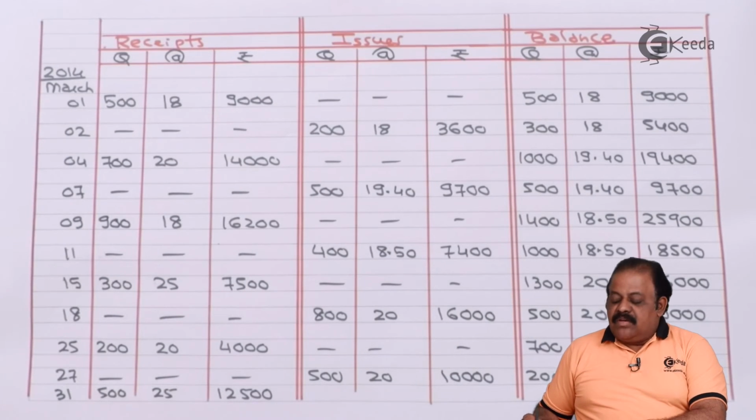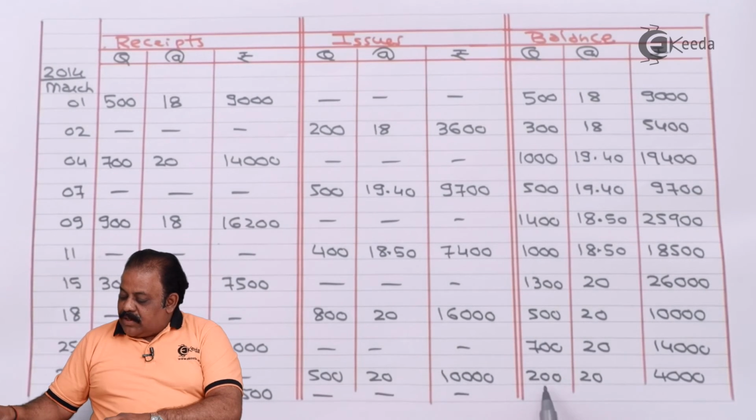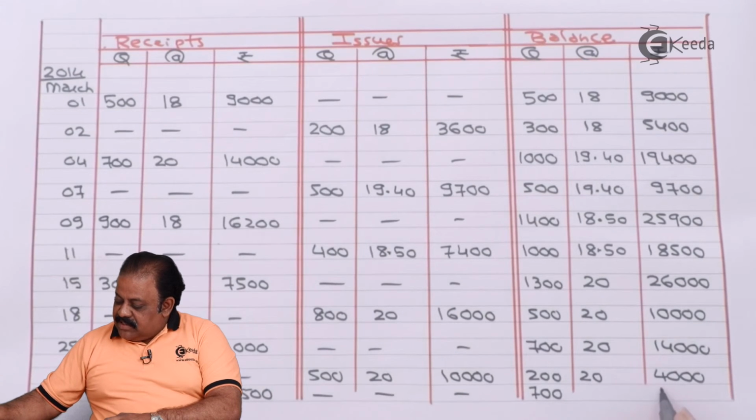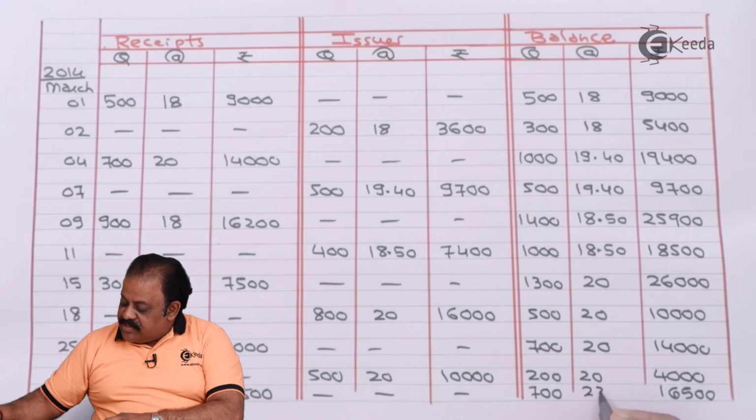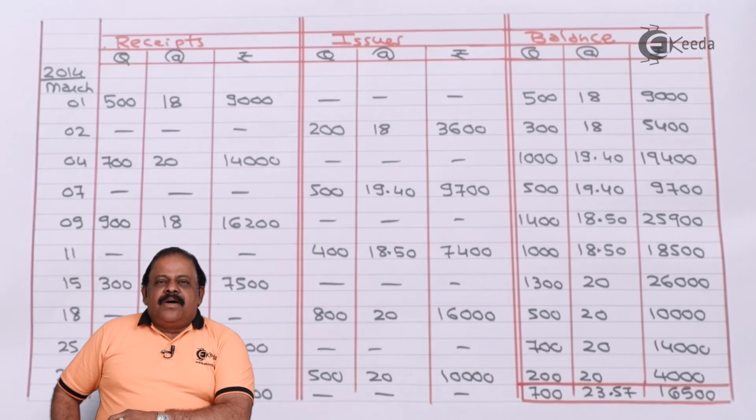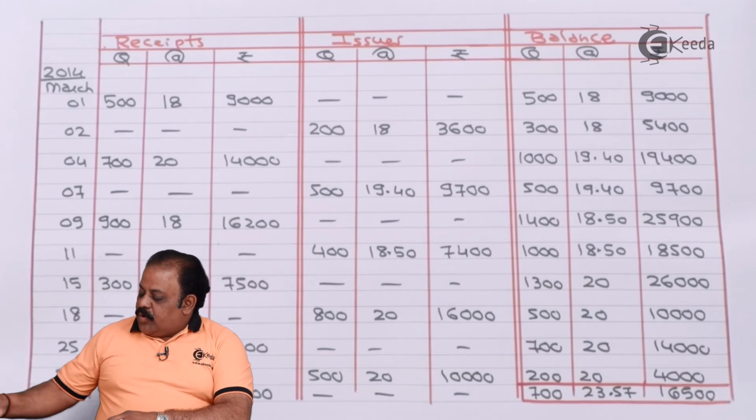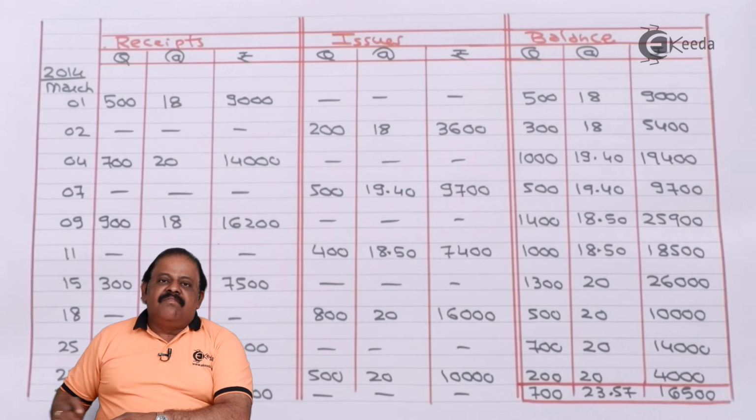So value 12,500. We had 200 units plus 500 units. So it will be 700 units. 4,000 plus 12,500, 16,500. Per unit value is 23 rupees 57 paise. So as per weighted average basis, the value of closing stock is 16,500.